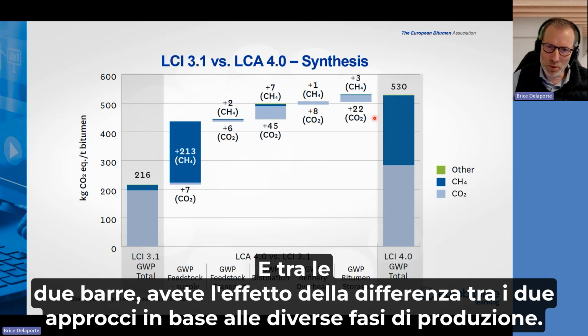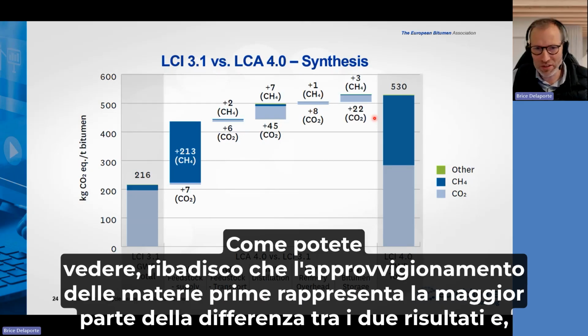And between both bars, you have the effect of the difference between both approaches according to the different production stages. So as you observe, you see that the feedstock supply explains the major part of the difference between both results.